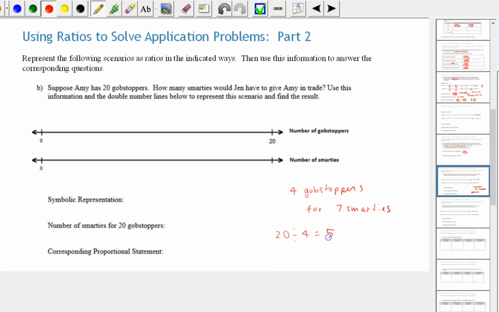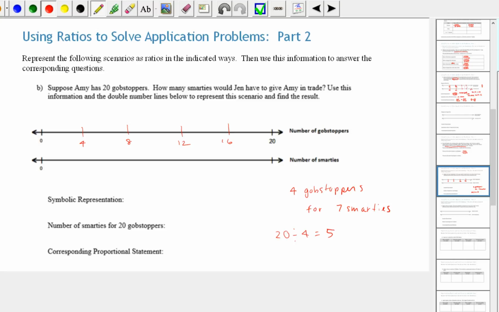So there's going to be 5 groups of 4. So we want to partition this into 5 pieces. And each one of them is 4. So 4, 8, 16. Oh, I doubled there. I think I was getting all exponential. Let's go back. 4, 8, 12, 16, 20.